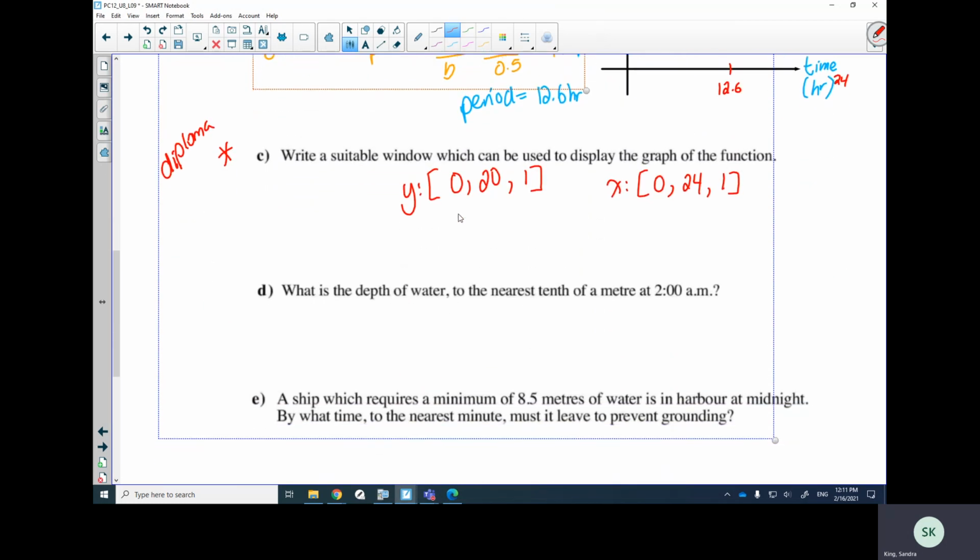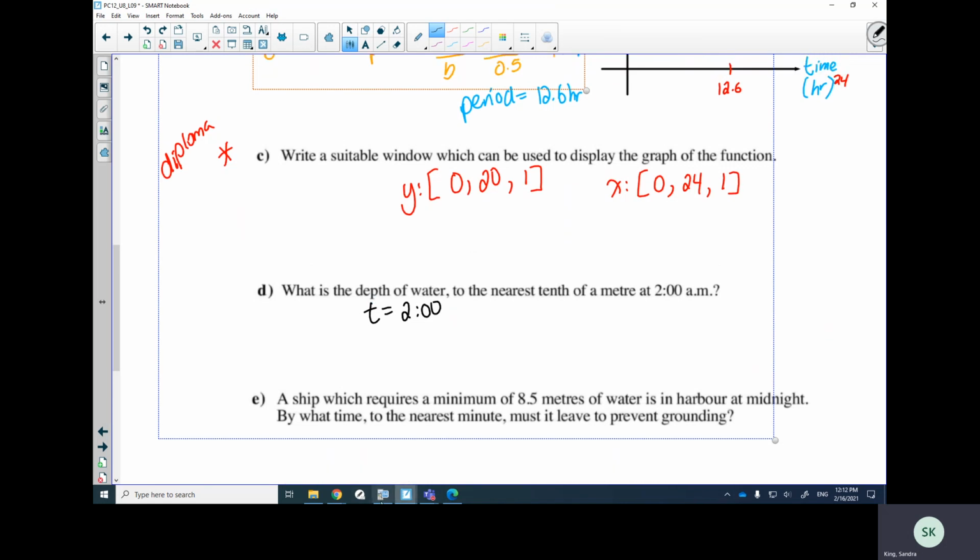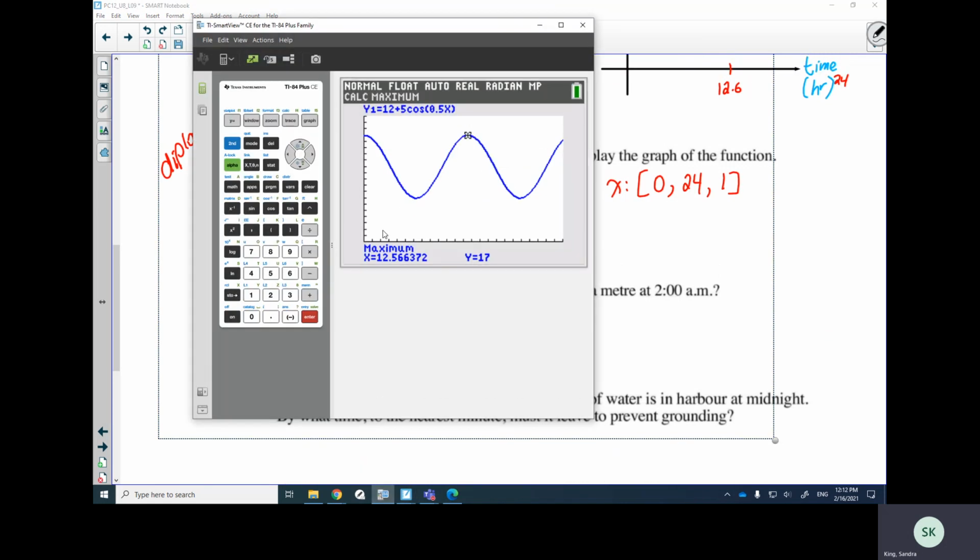Okay, let's go and do D. What is the depth of the water to the nearest tenth of a meter at 2 a.m.? So what are they asking? They're asking when time is 2 a.m. That is on my graph when x is, this is like midnight.